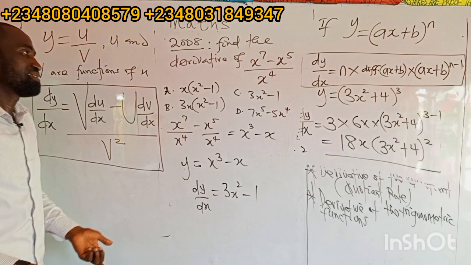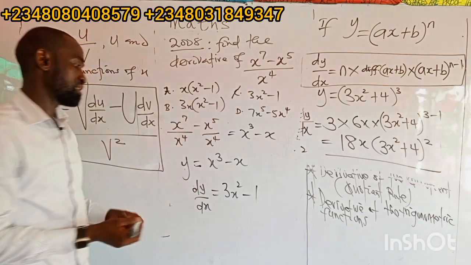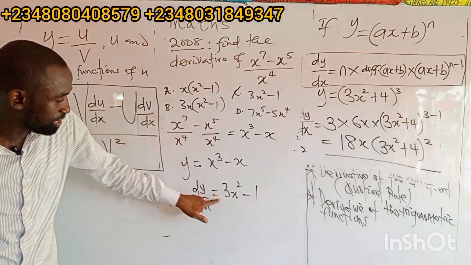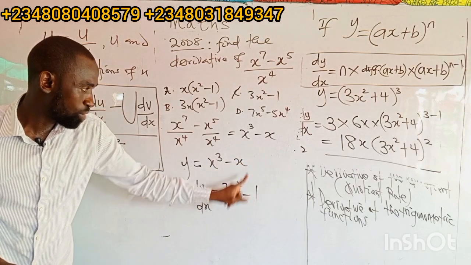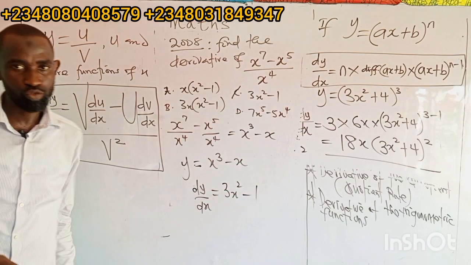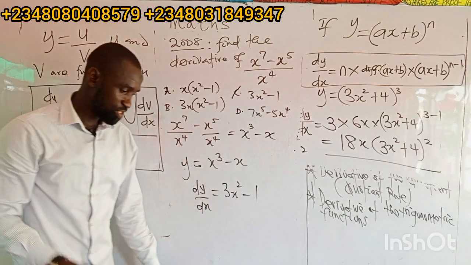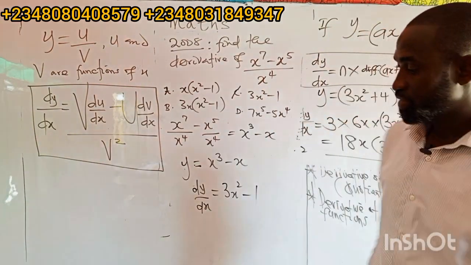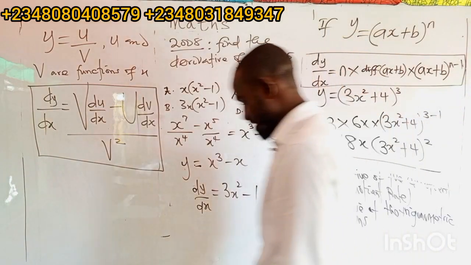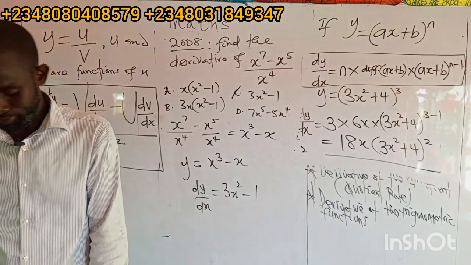That's as simple as that. 3 times 1 is 3, minus 1 is 2. I think by now you should be able to know what the power is. So this is what we call the derivative of the quotient.